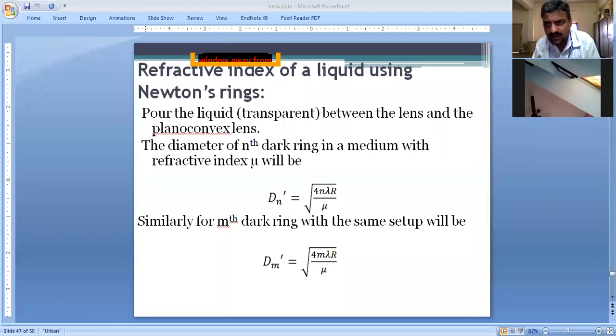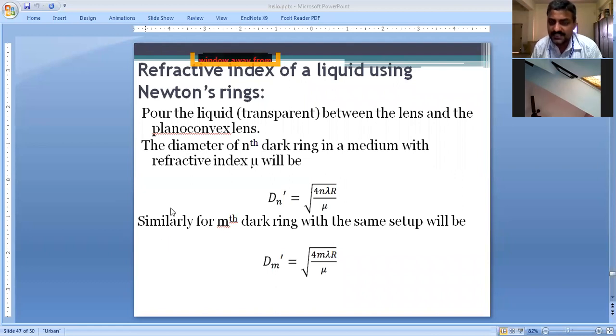Not only water, you can take any transparent liquid: kerosene, petrol, benzene, toluene, any organic liquid. So if you want to measure the refractive index of any particular transparent liquid, you can introduce that liquid in between the plano-convex lens and the glass plate. Then we can derive the expression.